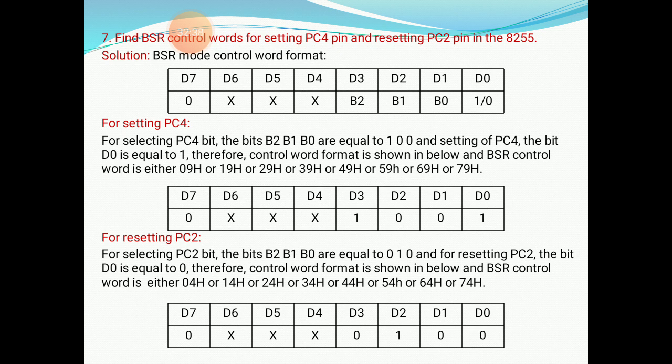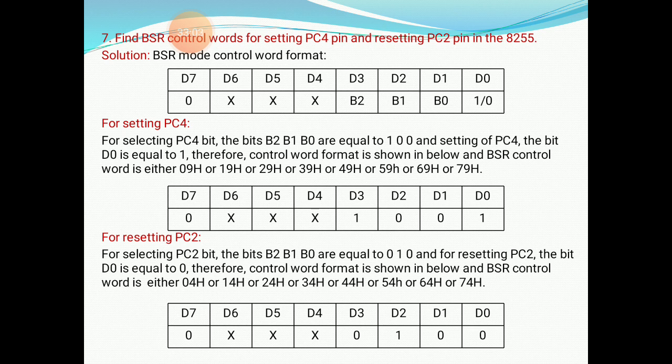Now consider resetting PC2. To select the PC2 bit, the bits B2, B1, B0 are equal to 0, 1, 0. After selecting the PC2 bit of port C lines, you reset the PC2 bit by using the D0 bit. D0 bit is equal to 0, then the PC2 bit is reset. That is, it can be considered as an output line.